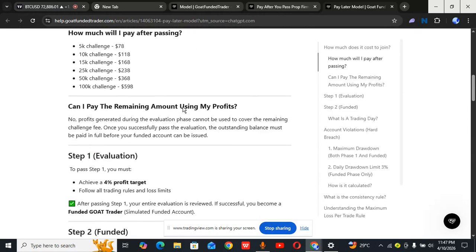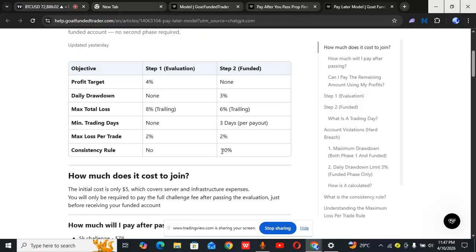The 20%, yeah, the 20% consistency rule and how you can beat this. Basically, if you are trading, let's say for example, a 10K account, what I suggest you do is that you want to be risking at least 1% of this account per trade and targeting 2%, or targeting 1.9 or 1.8.